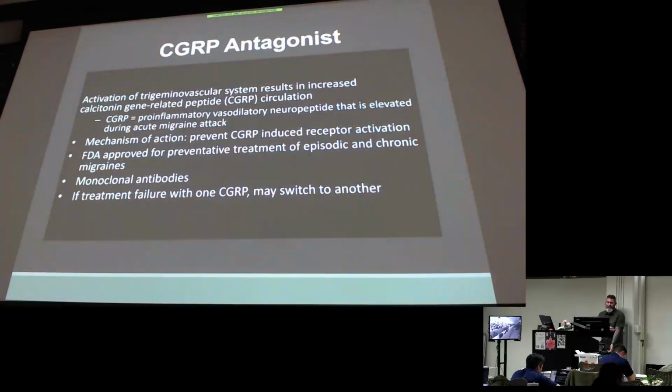This is everything I just said on one slide, right? So when we have the trigeminovascular system aggravated by a trigger, we talked about what those were, and then we talked about what it causes, which is the release of those inflammatory markers, one of them being CGRP.